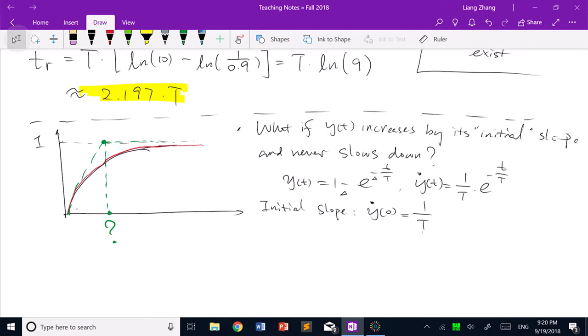So if you are always increasing with this rate, how long does it take to reach the steady state level?